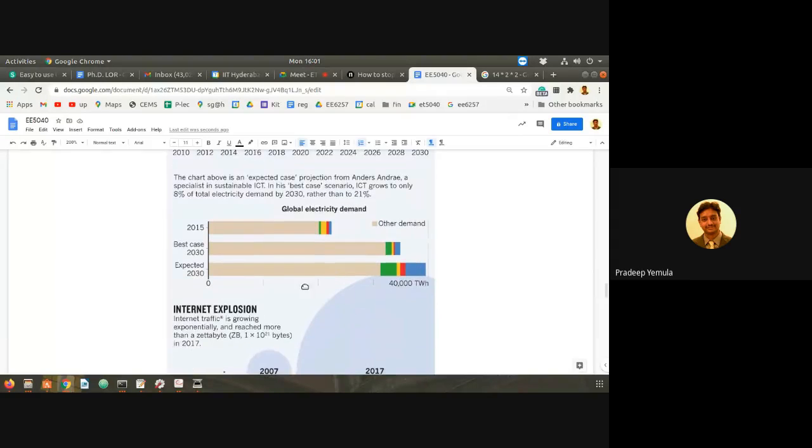Let's quickly, in the last 1 minute, look at this. The chart above is the expected case projection from Anders Andrae, specialist in ICT. In the best case scenario, ICT grows to only 8% of total demand by 2030 rather than 21%. 2015 other demand, best case, expected case.